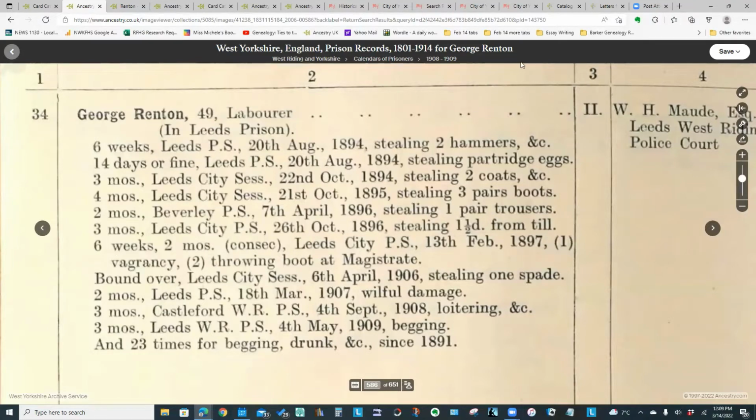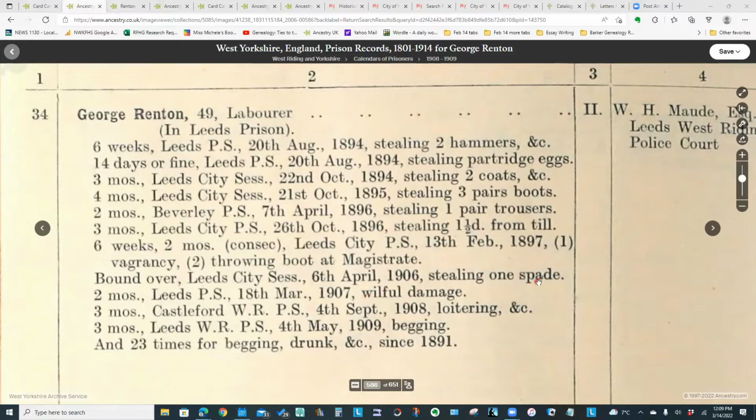I do like this entry. Let me just pull it up. I do like this entry here where he threw the boot at the magistrate. I'm guessing he wasn't too pleased at his conviction that particular time.